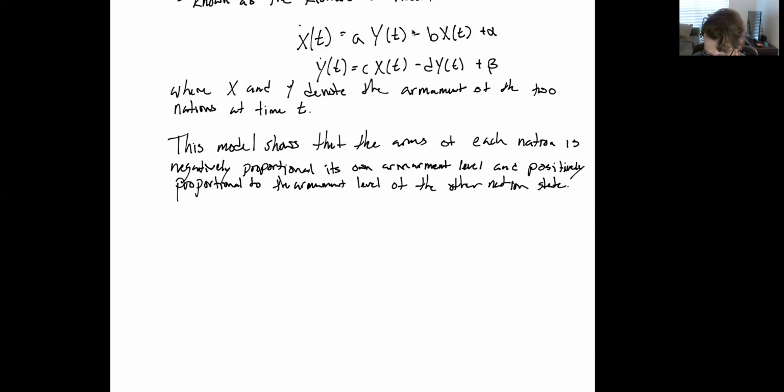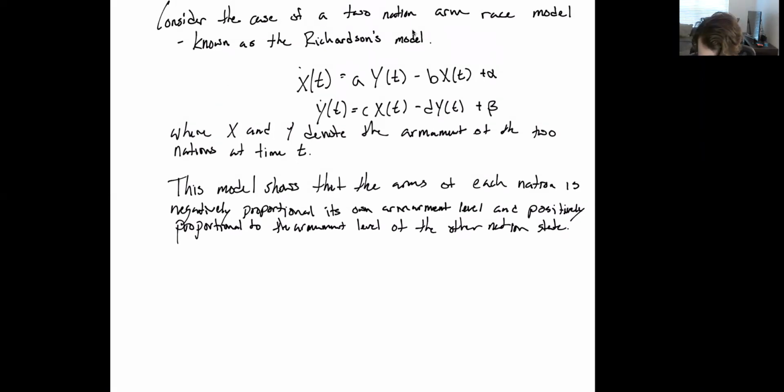So what this is saying, if we look back up at these equations, is that the armament of nation state X is negatively proportional to its own armaments.